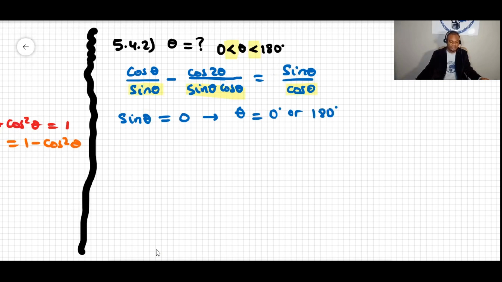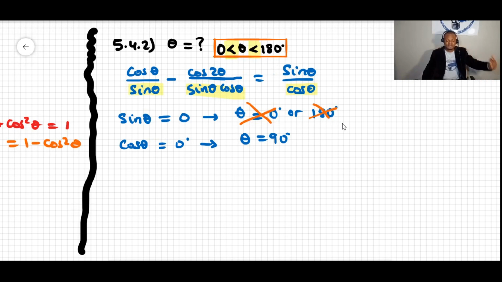Now, cos theta is equal to 0 if theta equals 90 degrees. But 0 degrees and 180 degrees are not in the interval. 0 is below the interval, 180 degrees above the interval.